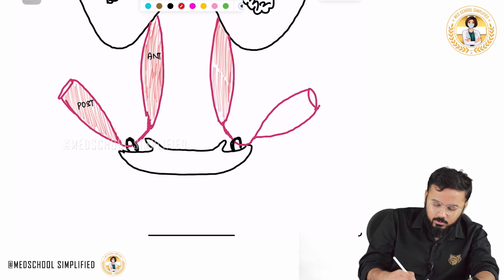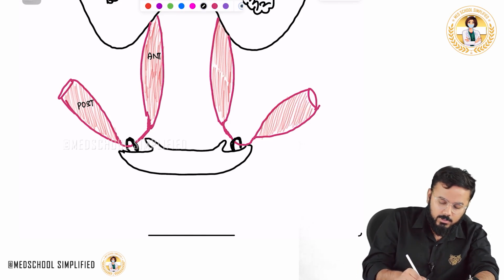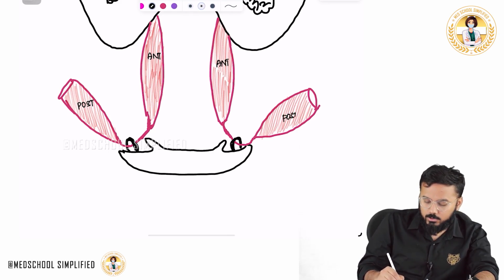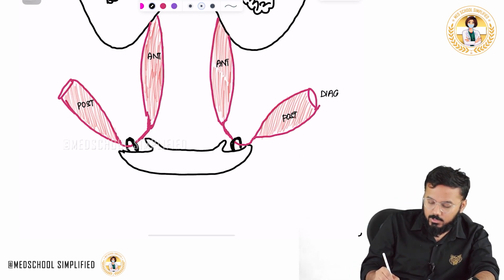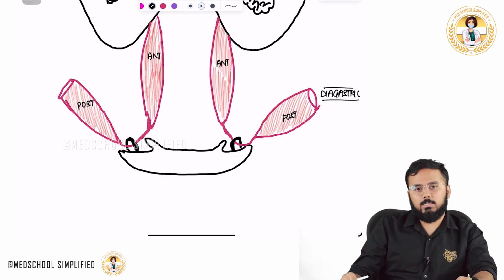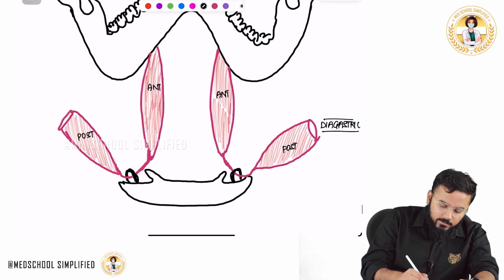Again, one is called the anterior belly of the digastric and the other one is the posterior belly of your digastric. So this one over here is your anterior belly, and this one over here is your posterior belly. And what is the name of this muscle? The name of this muscle is your digastric muscle. Clear?